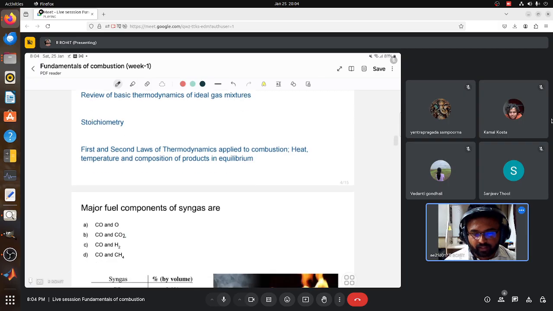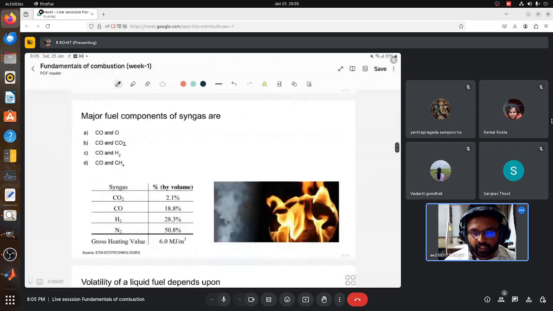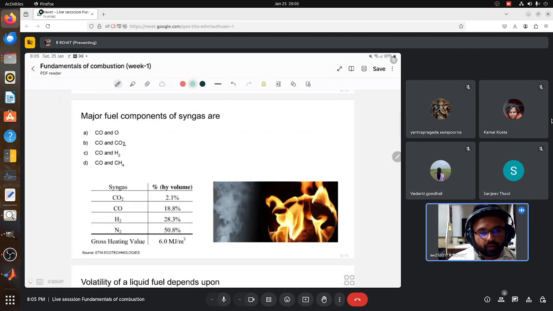If I show you the answer, the major components of syngas by volume are 2.1% carbon dioxide, 18.8% carbon monoxide, 28.3% hydrogen, and about 50.8% nitrogen. The gross heating value, or calorific value, of syngas is close to 6 megajoules per liter.